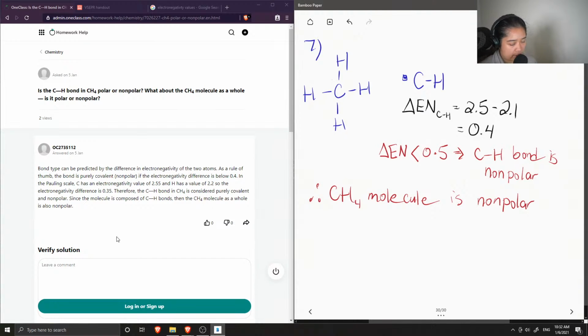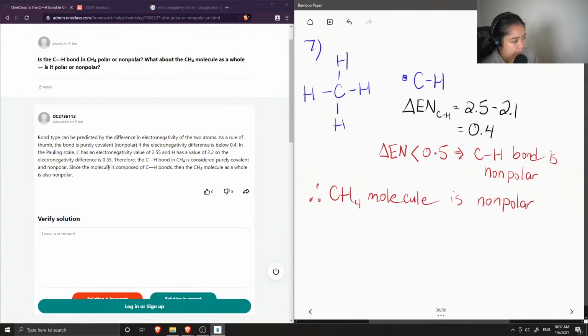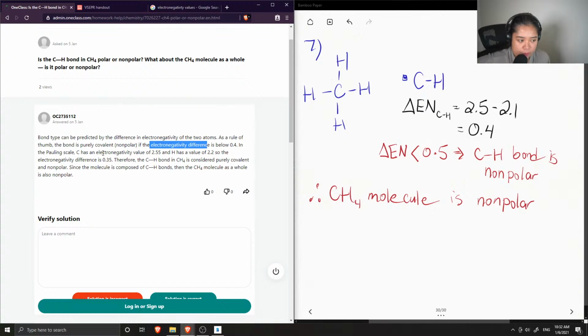Okay, so let's see what the junior tutor said. Bond type can be predicted by the difference in electronegativity of the two atoms. As a rule of thumb, the bond is purely covalent if the electronegativity difference is below 0.4. In the Pauling scales, carbon has an electronegativity value of 2.55 and hydrogen has a value of 2.2.